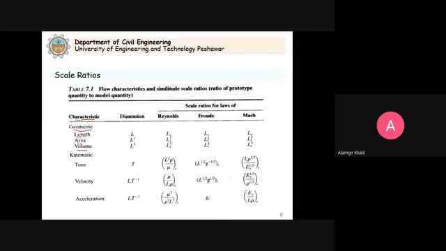Now the scale ratios are developed for the Reynolds number, for the Froude number, and for the Mach number, because the textbook says that these are the most commonly used in fluid mechanics. But you can develop these scale ratios for other dimensionless numbers also.